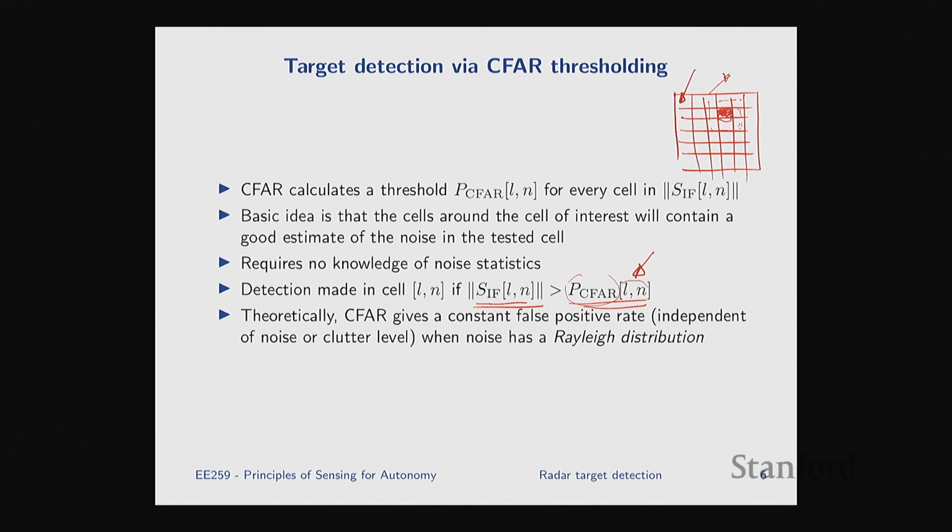I just noticed an inconsistency in my notation. I think the n should be k, because we used k for the index after the FFT. Sorry about that, I'll correct it. But this is S_IF of l and k. Each cell is compared to a threshold that is calculated for that cell. If it's larger, you declare target. If not, you say that's just noise.